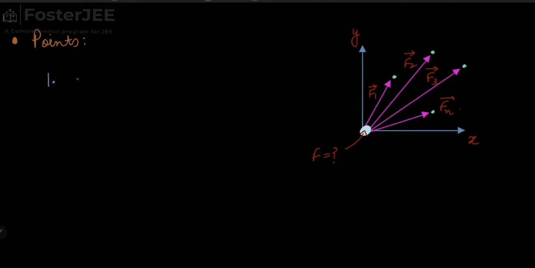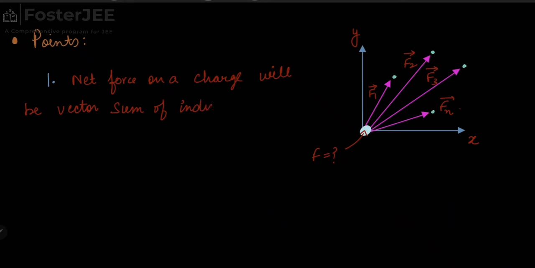So the net force on a charge will be the vector sum of the individual forces.